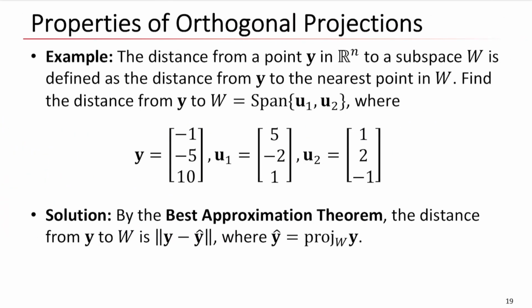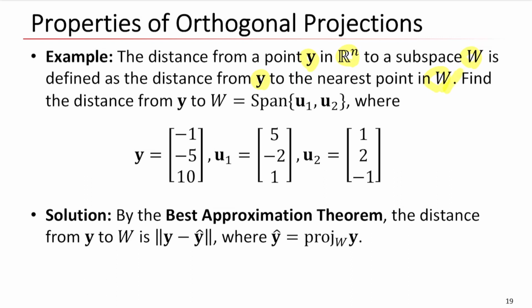Okay, let me show an example. The distance from a point or vector y in R^n space to the subspace W is defined as the distance from y to the nearest point in W, right? We already know this.